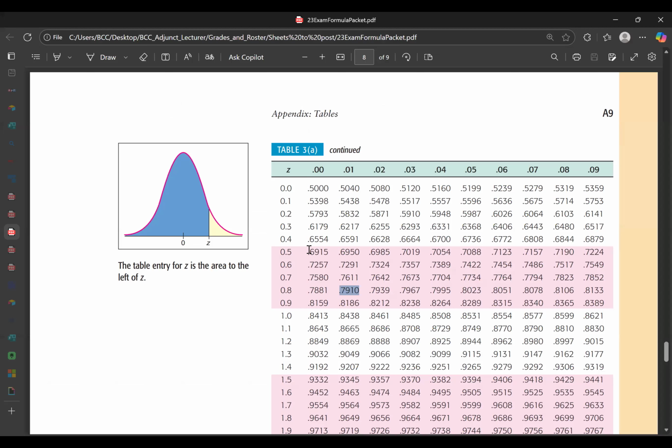Am I looking at 1 minus 0.58? What did you get? 0.7104.